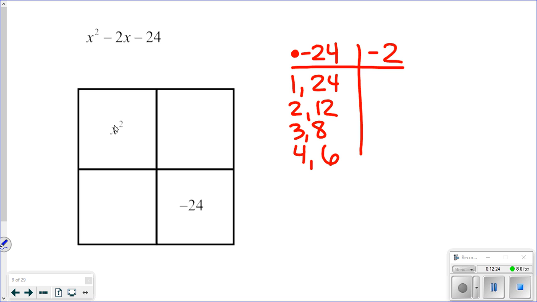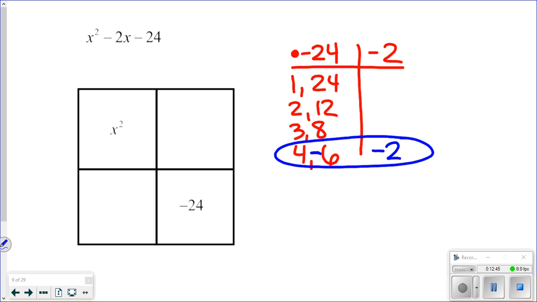So I know it has to be a combination of 4 and 6. You need to think about which one has to be negative. Okay, my middle term is -2, so that means the bigger number has to be negative. 4 minus 6 is -2.